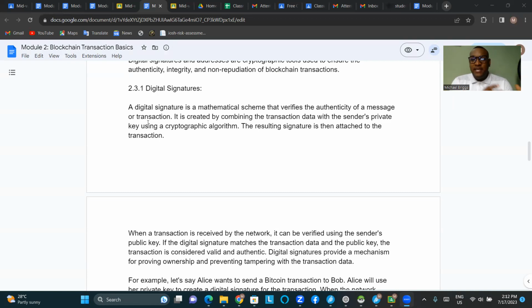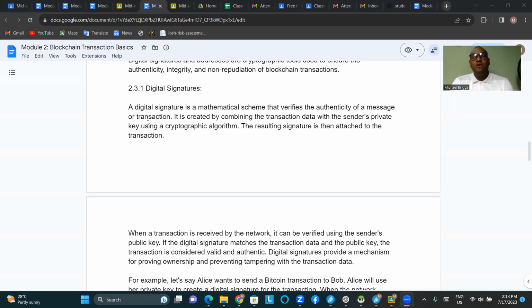All of this is not something you see happening, all right? What you see is the result. The resulting signature is attached to the transaction and cannot be detached. So whenever you want to confirm that this transaction was actually carried out, this digital signature is what helps you identify that, oh, okay, this transaction was actually done this way.